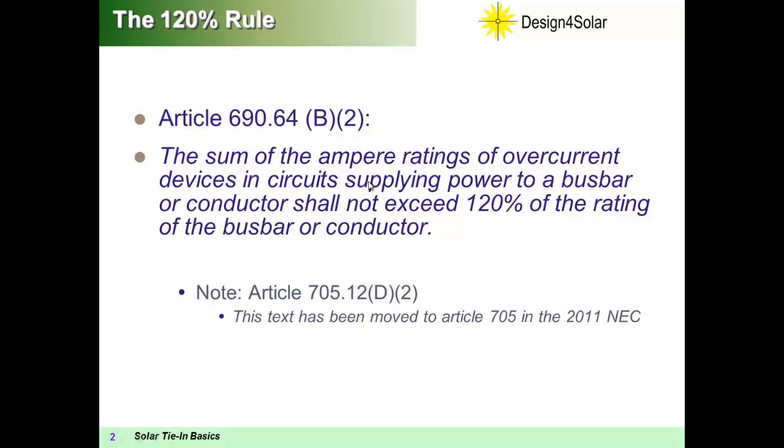Alright? In the case we were looking at, the only two overcurrent devices that were supplying power were the main breaker and the solar breaker. Okay? So what they're saying is the sum of the ampere ratings of all such devices shall not exceed 120% of the rating of that bus bar. Okay? So that's what we were calculating.